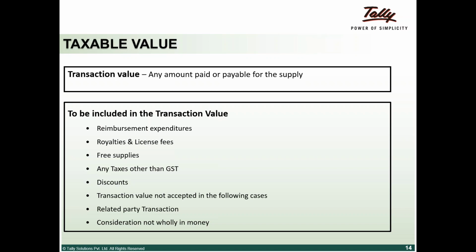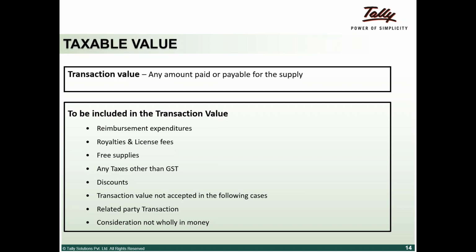So they've encompassed everything and made that the base value on which tax should be charged. If I have 100 rupees as the base value, 20 rupees reimbursement and 20 rupees license fees, earlier I had the confusion whether I charge on 100 or 140. Now they are very clear.